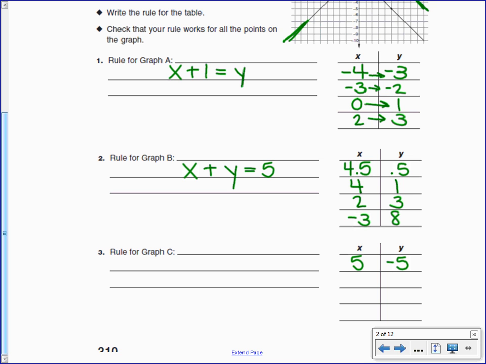What's another one? 3 and negative 3. And then negative 1 and 1. Yep, so it's left one and up 1. And how about that last one? Negative 1, negative 4.